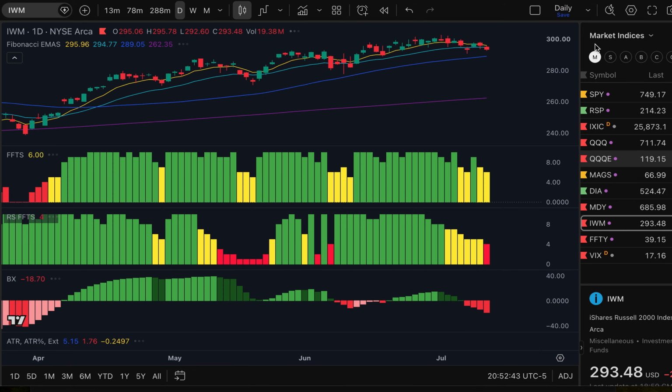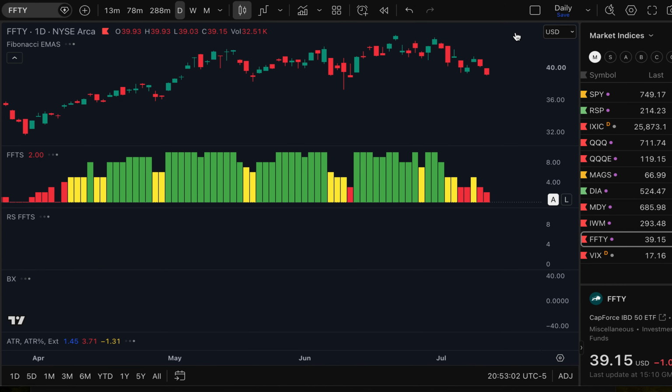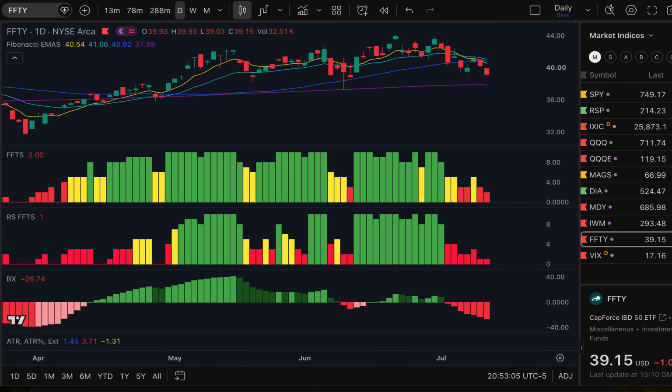Small cap Russell 2000 IWM, 6 out of 10 on the trend, 4 out of 10 on the relative strength trend, and negative decreasing momentum. The IBD 50, these are the growth stocks, 2 out of 10 on the trend, 1 out of 10 on the relative strength trend, and negative decreasing momentum.